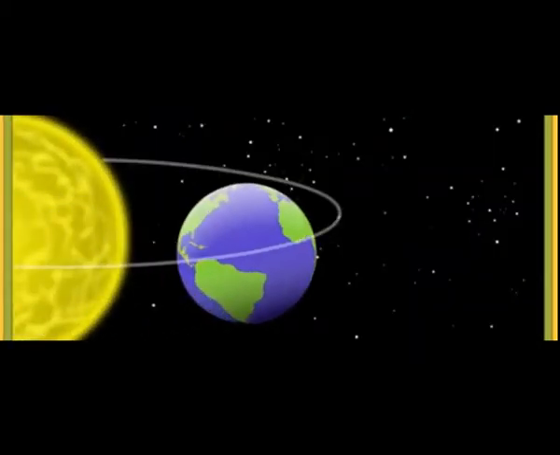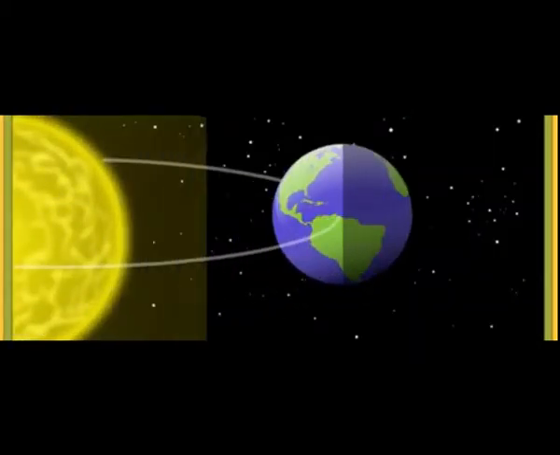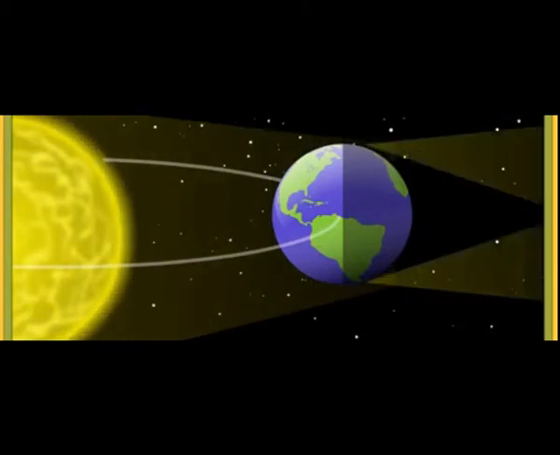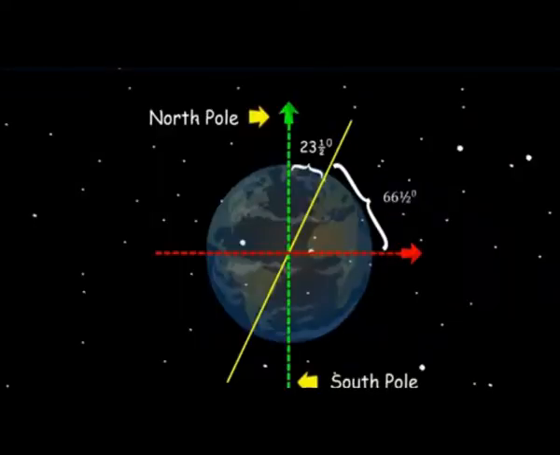The length of days and nights is not the same throughout the year. This variation is due to the inclination of the Earth's axis. Due to this inclination, the northern hemisphere remains inclined towards the sun for half of the year and the southern hemisphere during the other half.